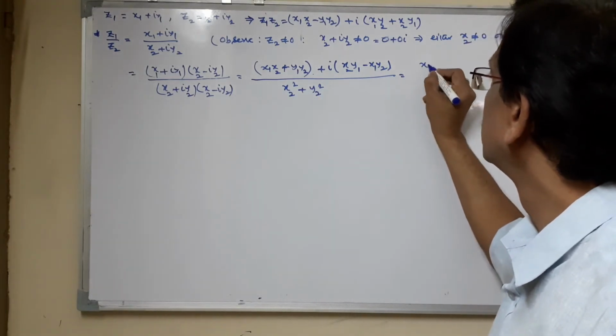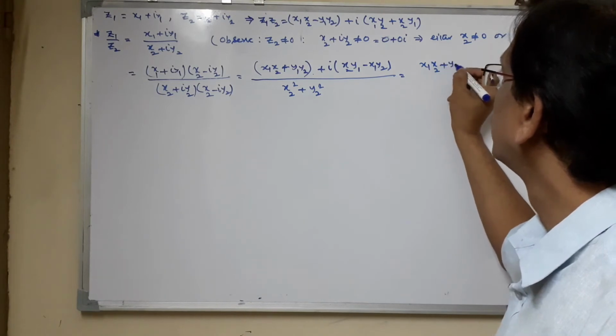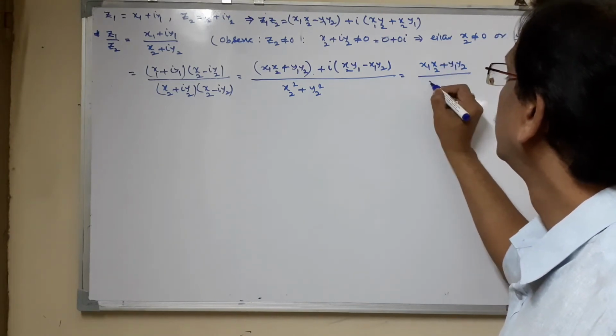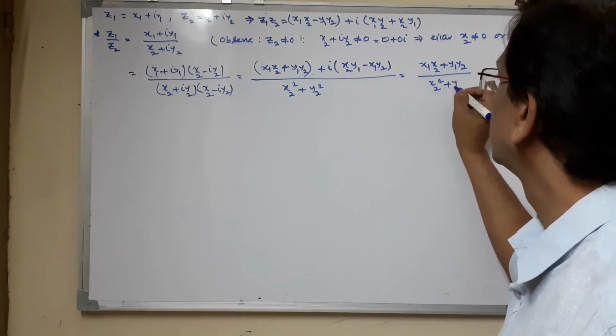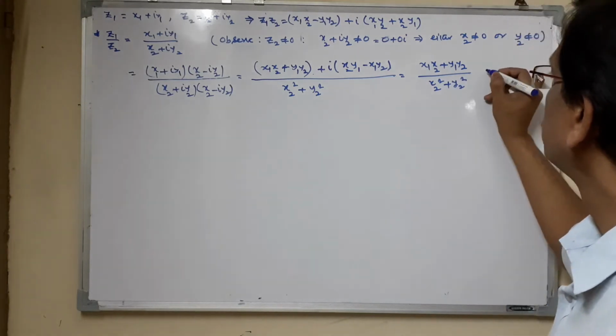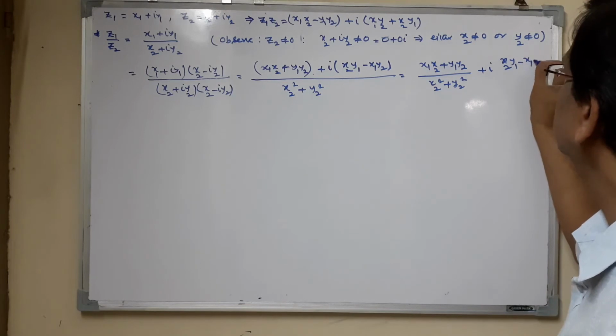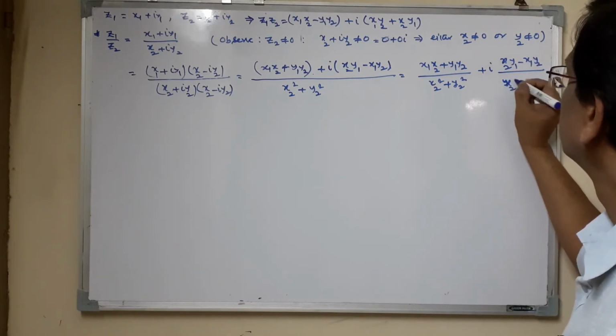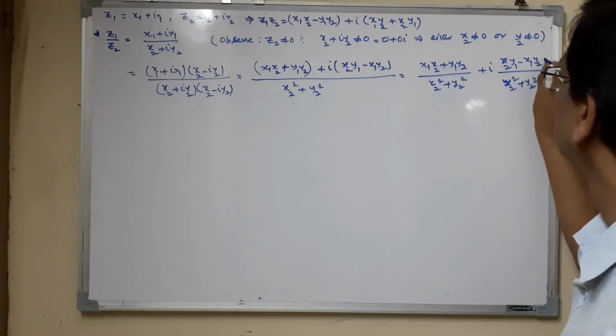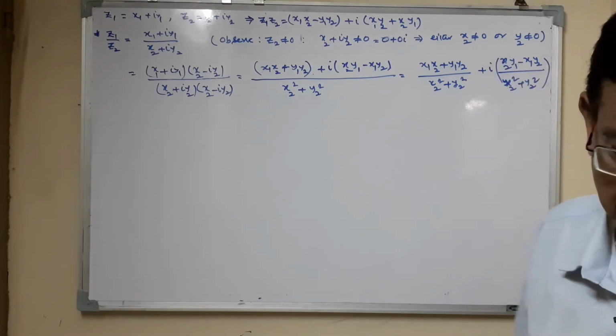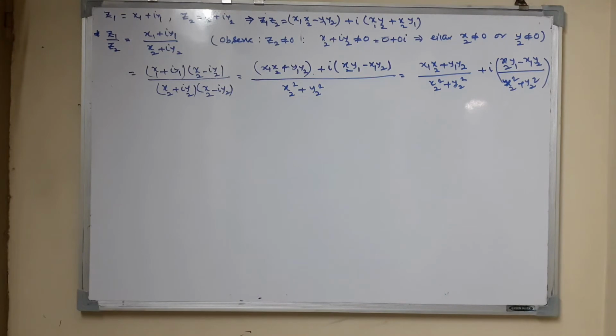Separate it: (x1 x2 plus y1 y2) by (x2 square plus y2 square) plus i times (x2 y1 minus x1 y2) by (x2 square plus y2 square). This is division of two complex numbers.